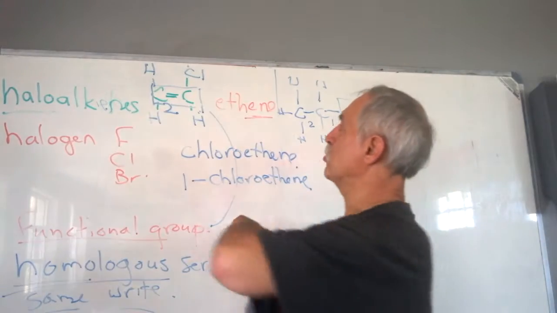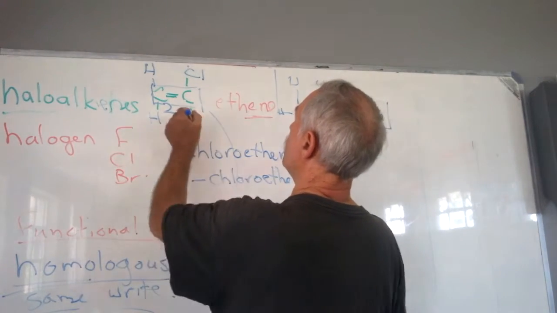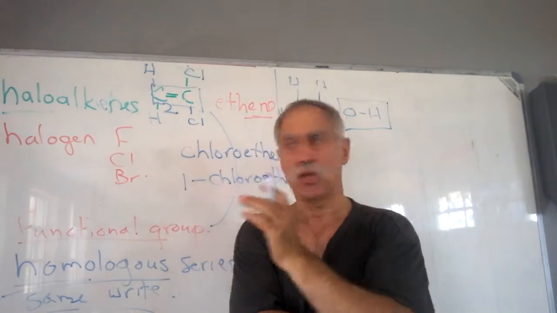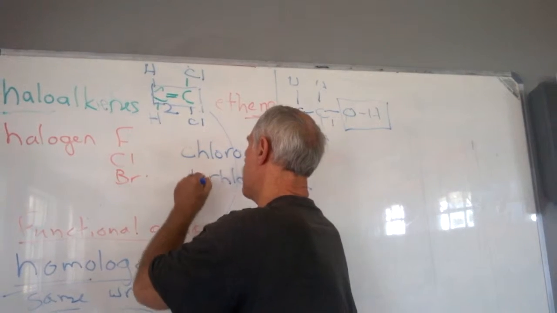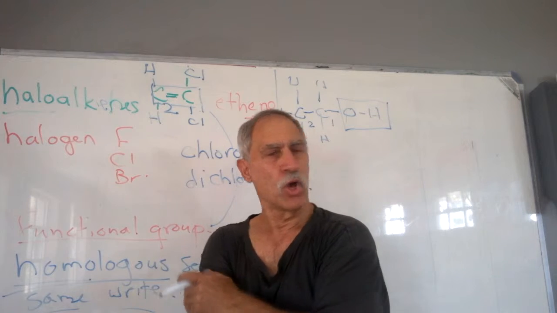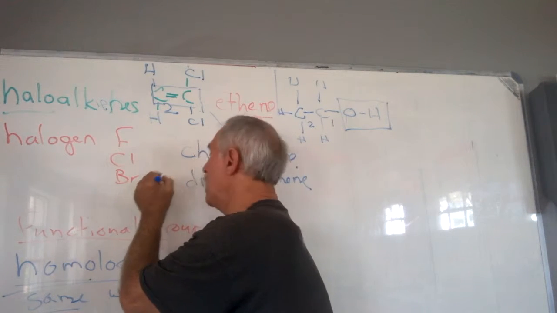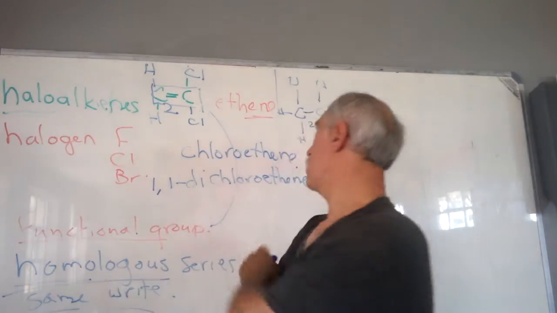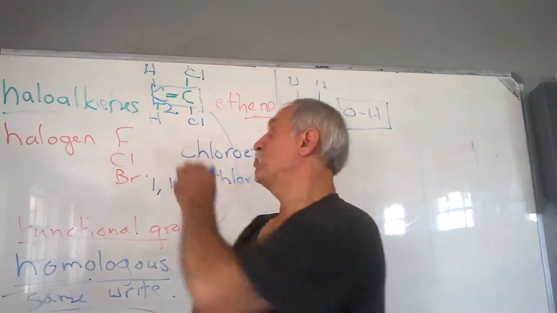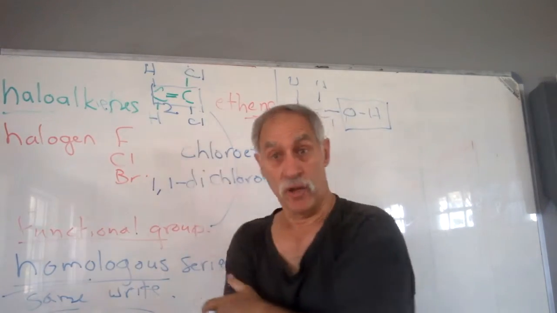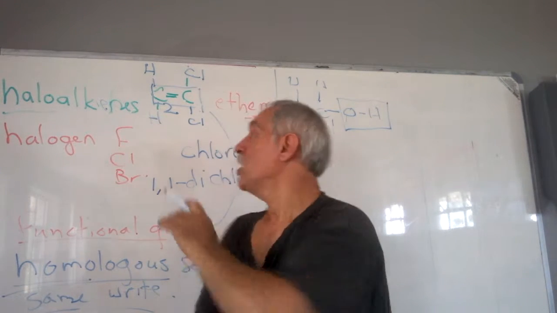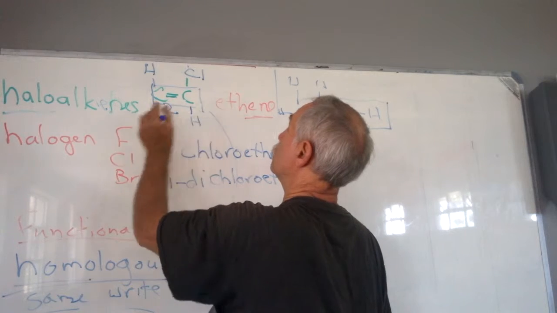What if it had 2 chlorines? What if we put a second chlorine here? How would we name it? Well, it's dichloro. But how do we indicate that both chlorines are on number 1? We would say 1,1-dichloroethene. Happy with it? So why 1,1? Because both chlorines are on carbon number 1. Let's put a chlorine on carbon number 2.